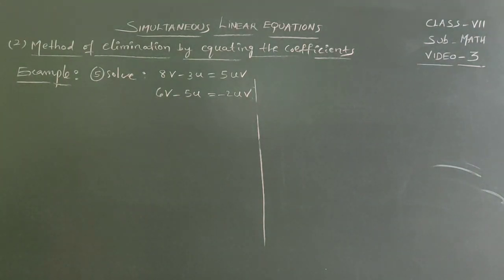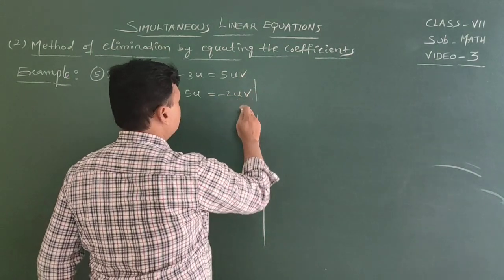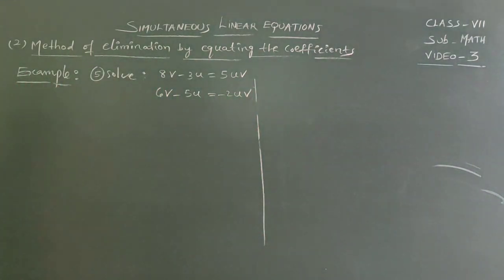For solving this system, clearly the given equations are not linear in the variables u and v, because the degree is 2. But we can reduce it into linear equations by appropriate substitution.